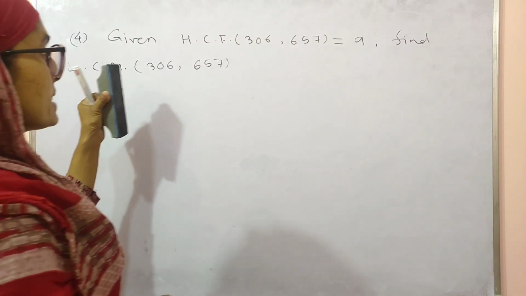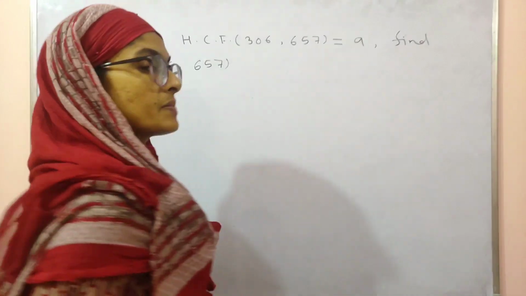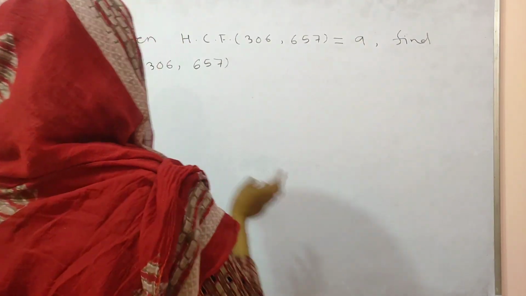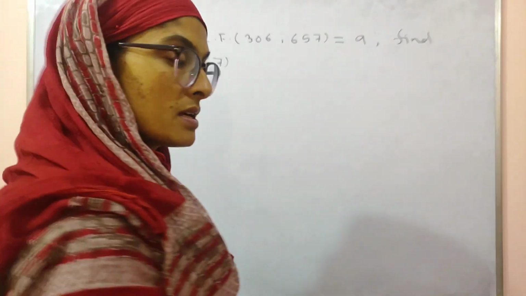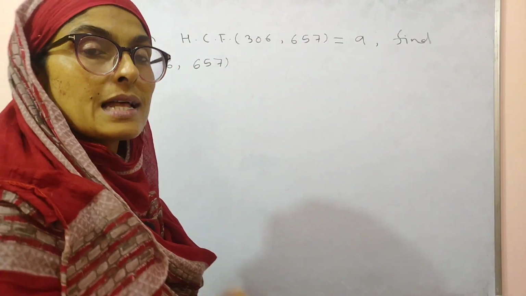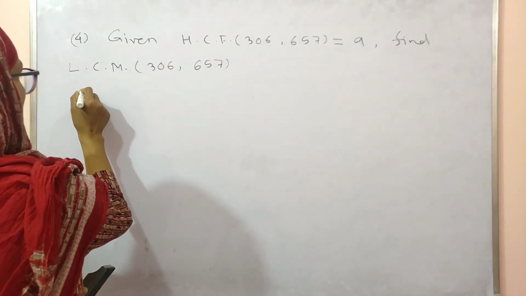Number 4: given HCF of 306 and 657 is equal to 9. Find the LCM of 306 and 657. So we know that LCM into HCF equal to product of two numbers. So write down the solution.